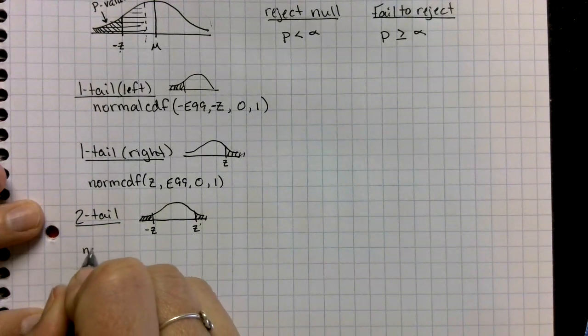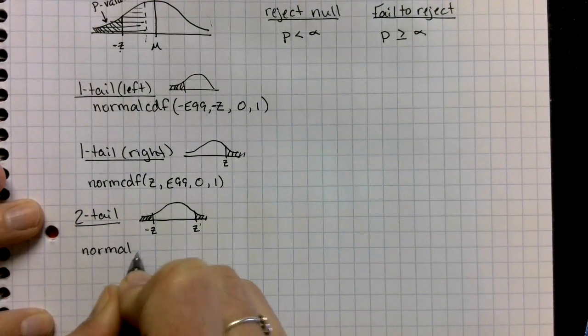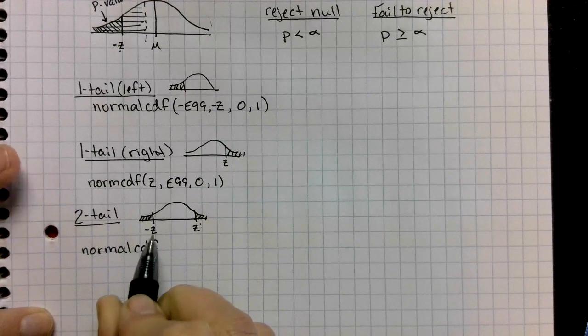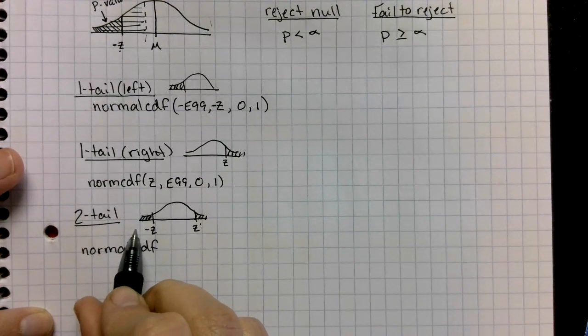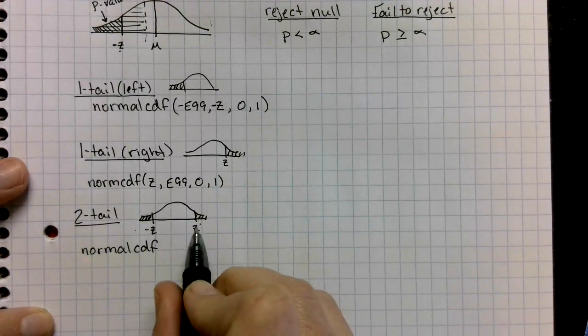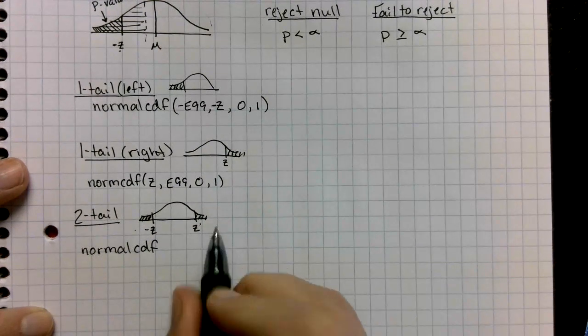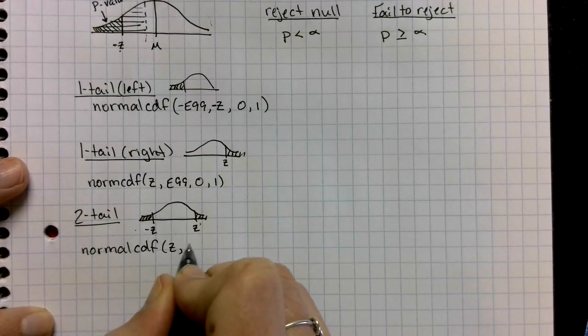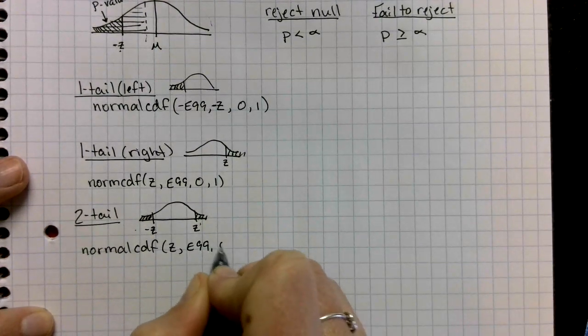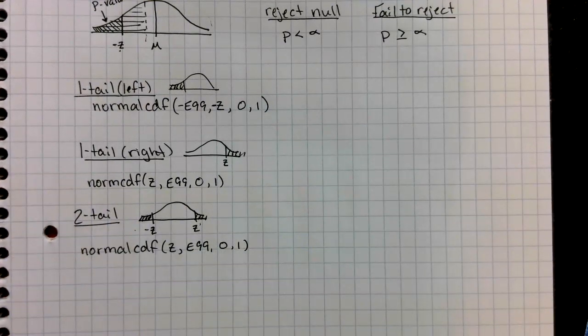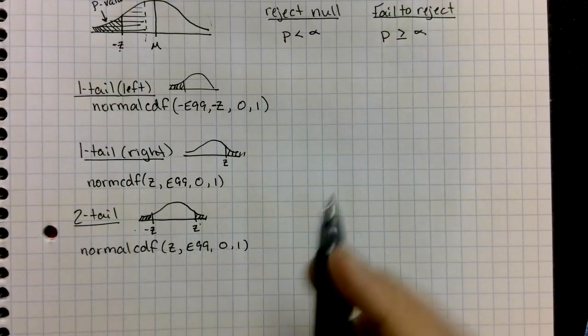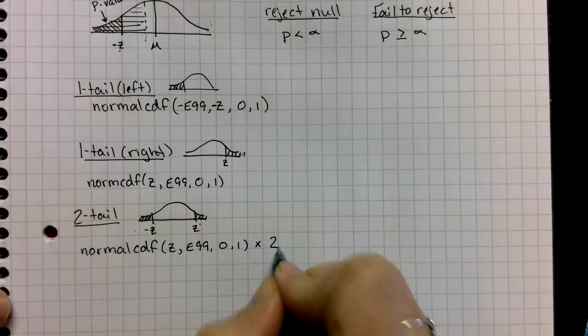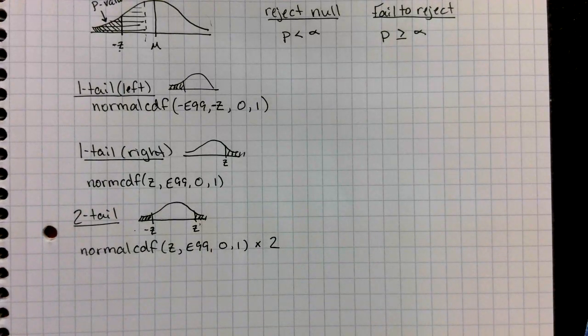So you could use either one of these. You could either go from negative infinity to negative z, or you could go from z to infinity. And that's going to tell you the area of one section, but then because it's a two-tail test, you have to multiply it by 2.